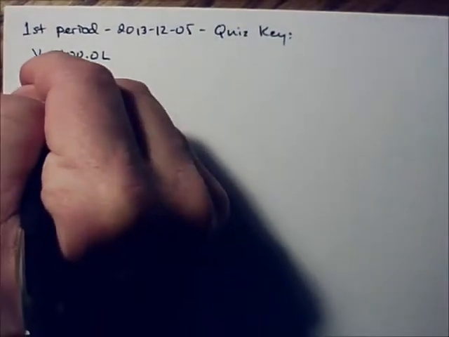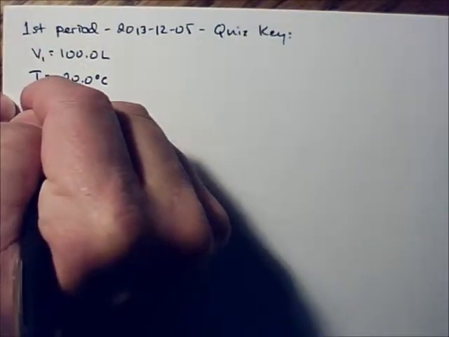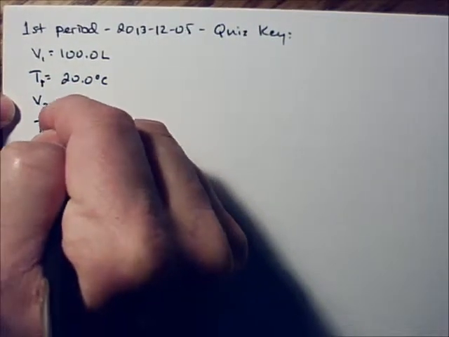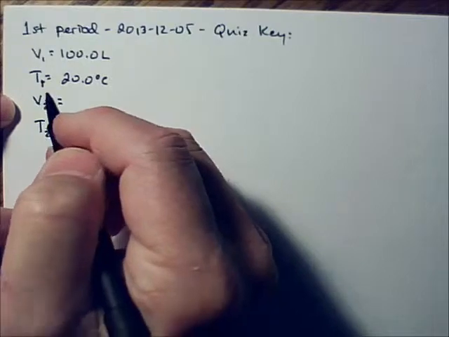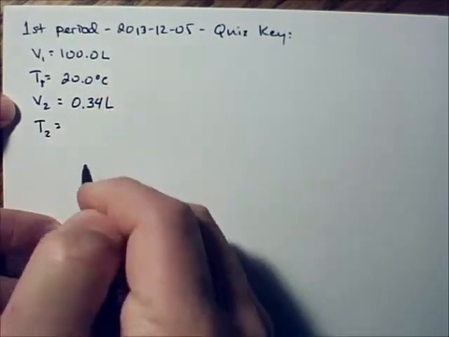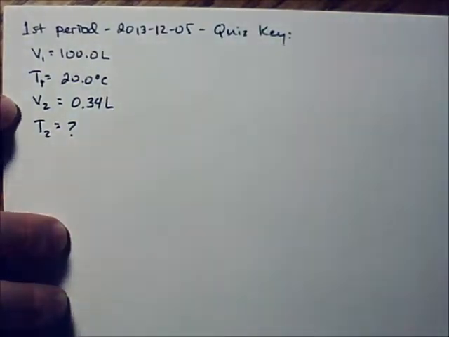That's volume 2. This is volume 1, which means we're going to have a second temperature as well. So volume 2, it says, is 0.34 liters. And we want to know what the second temperature is.